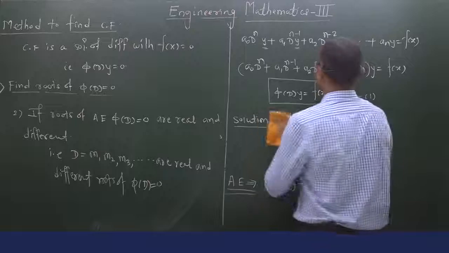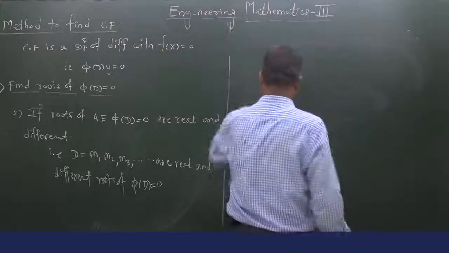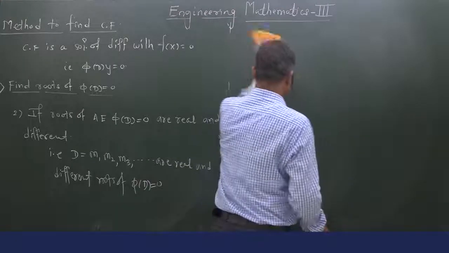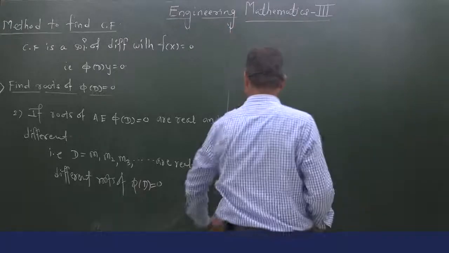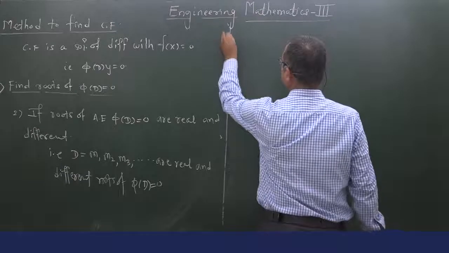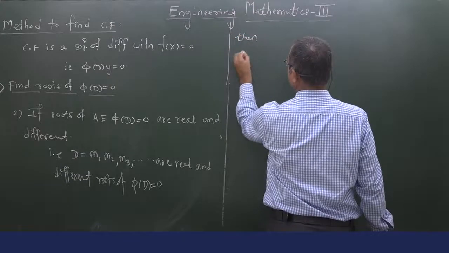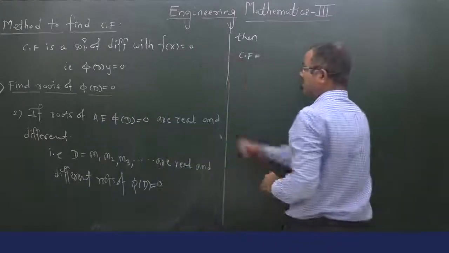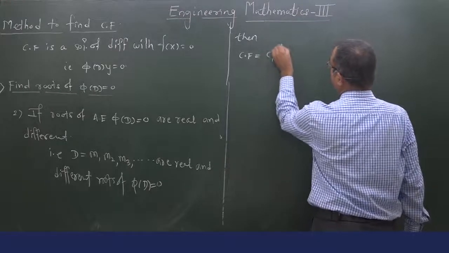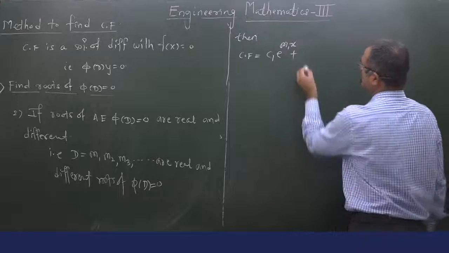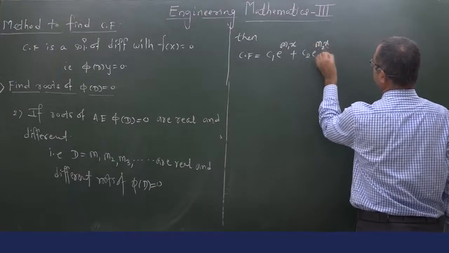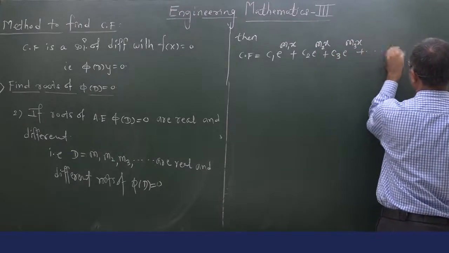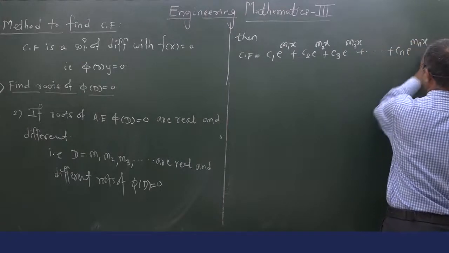the solution of the differential equation, the complementary function, is c1 e to the power m1x plus c2 e raised to m2x plus c3 e raised to m3x plus so on, cn e to the power mnx.